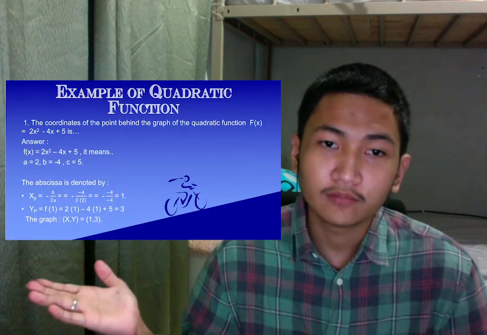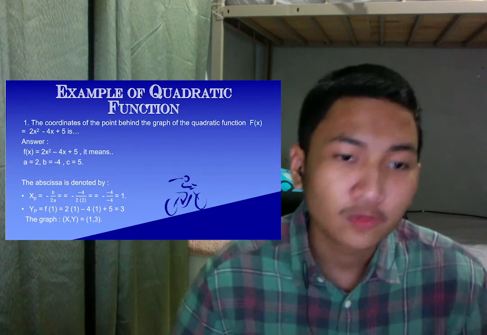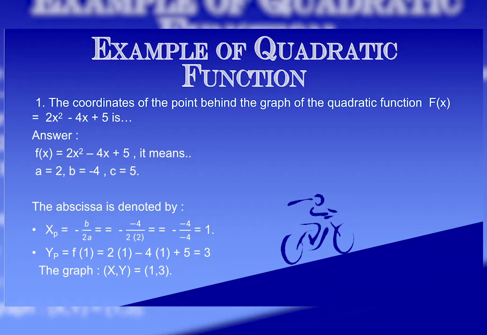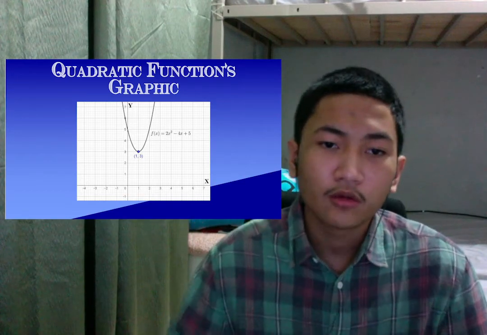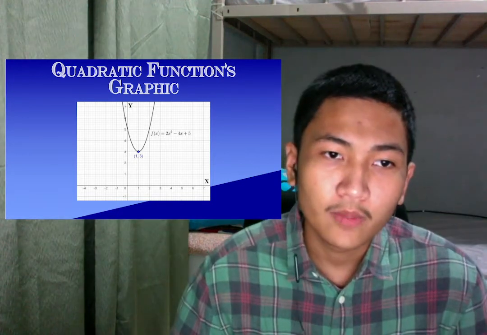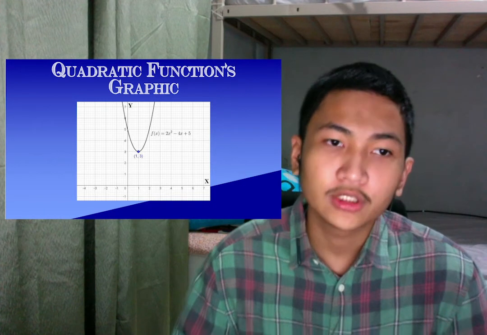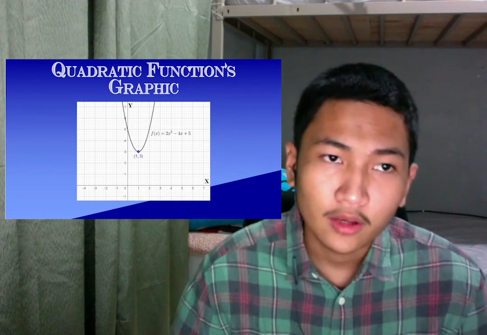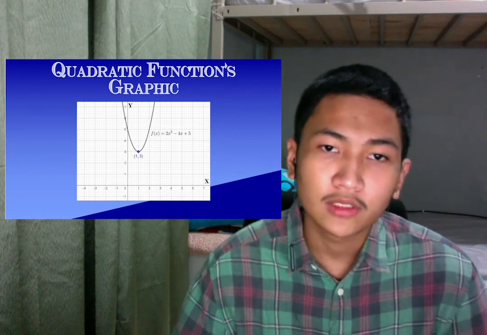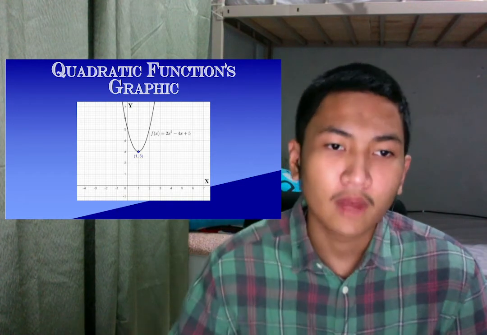Here's an example of a quadratic function, here's the answer too, and here's what the graph will look like. The graph of a quadratic function has a parabolic shape like that.